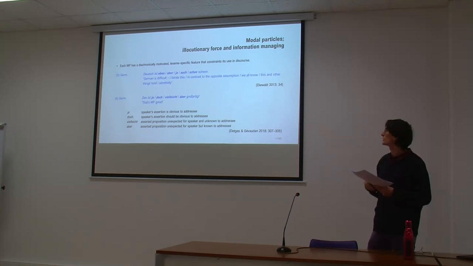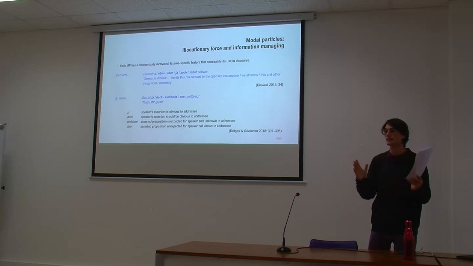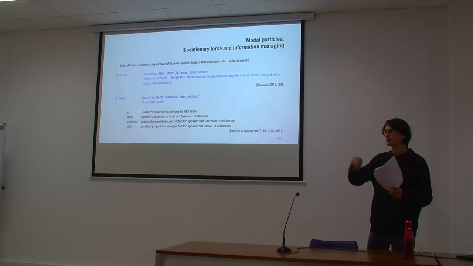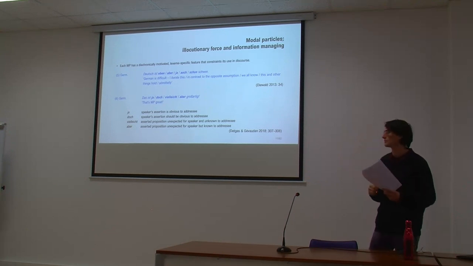Or we can also have more abstract paraphrases, and in this way, the presence of the particle ja indicates the fact that the speaker's assertion is obvious to the addressee, the presence of doch, that the speaker's assertion should be obvious to the addressee, and so on. These are the lexical features of every single particle, given the fact that each one activates as a presupposition the same proposition without the modal particle.